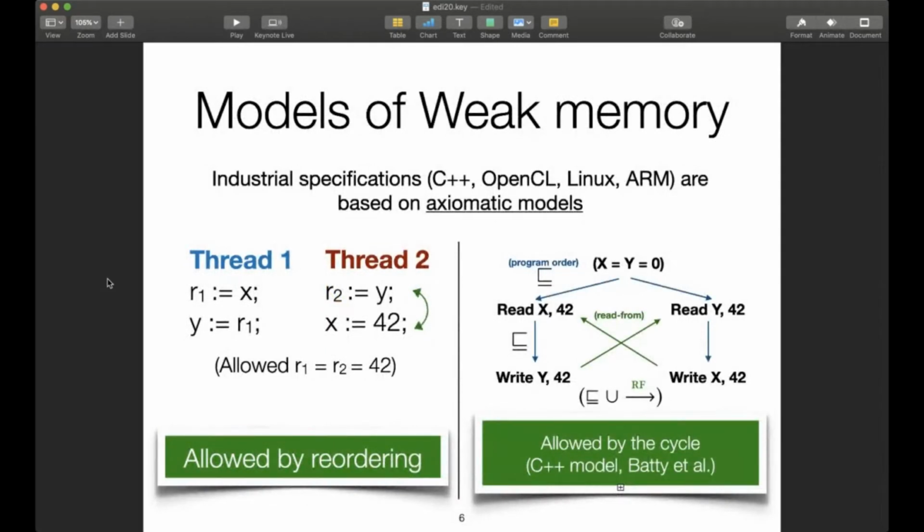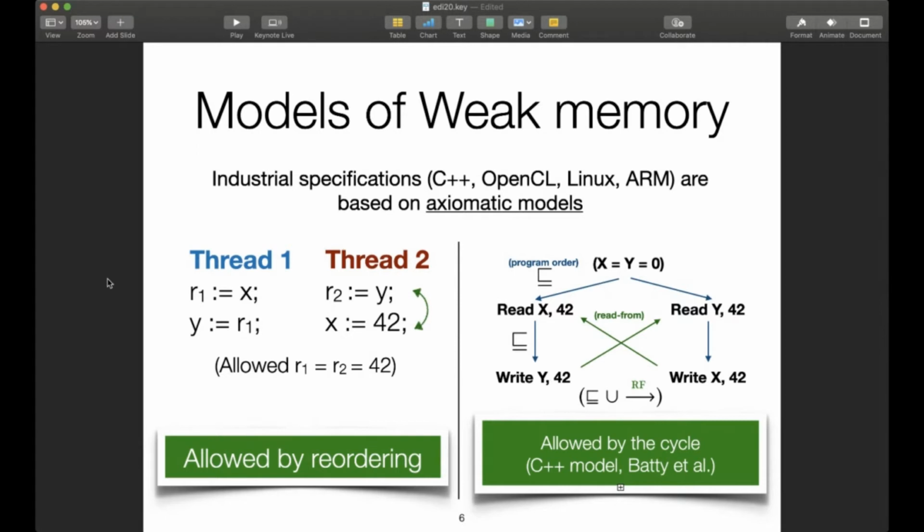So specifications like C++, C, OpenCL, Linux, ARM, and NVIDIA, and even others, are based on axiomatic models. So these are mathematical models that tell you how the behavior of the system should be in a general sense.